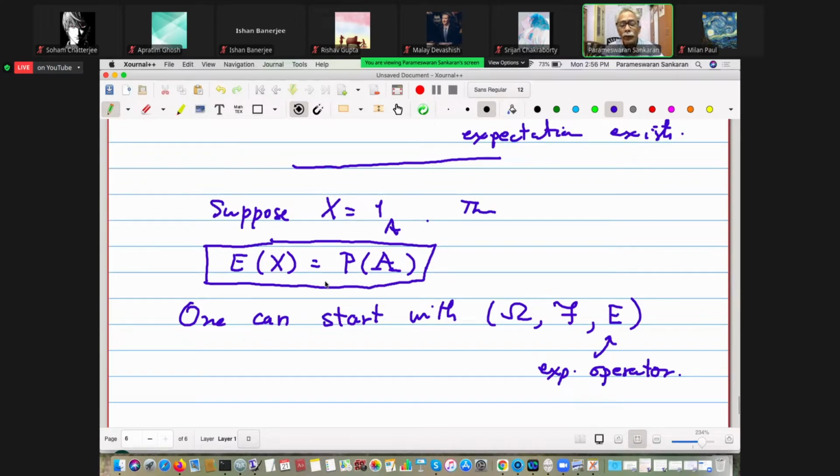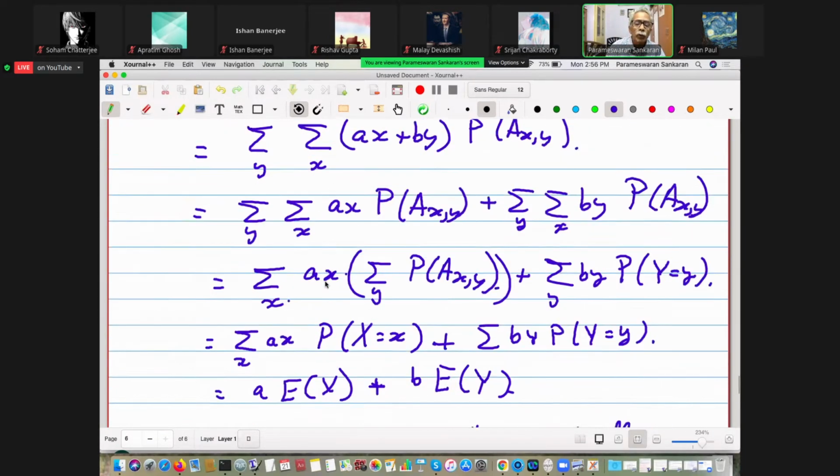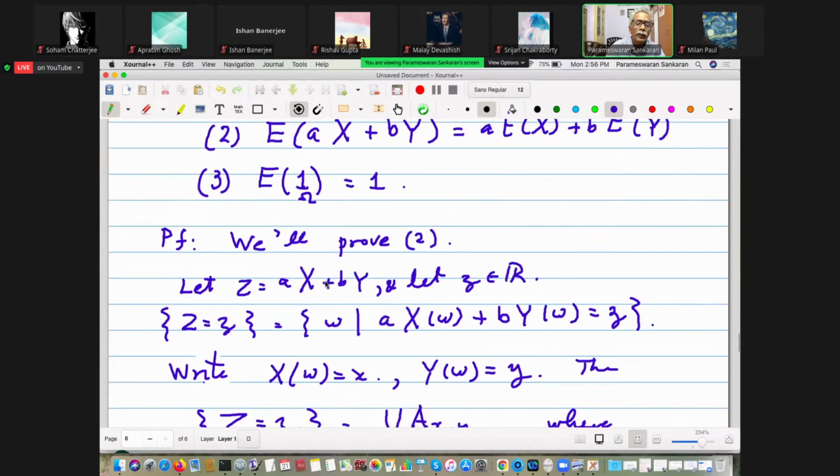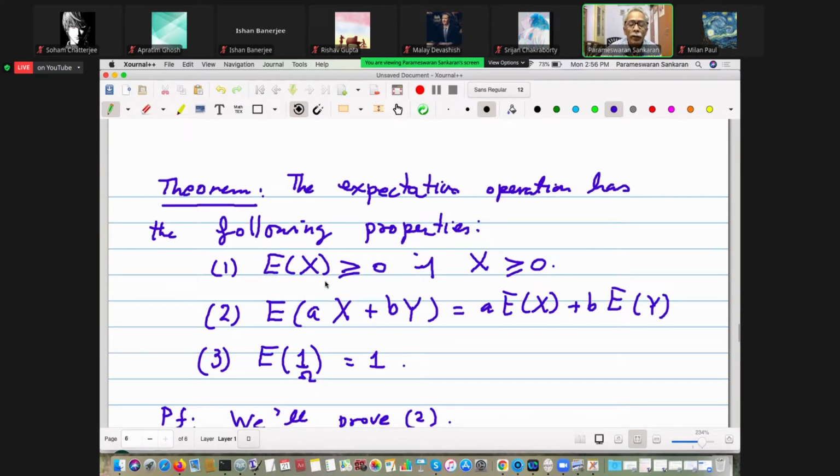So you can as well start with some operator which should satisfy the following conditions. What are the conditions stated by this theorem? This is called positivity, by the way. And this is linearity. And this is normalization, you may call it, because you want the whole space to have probability equal to 1, no? So now this is a probability measure or something like that.